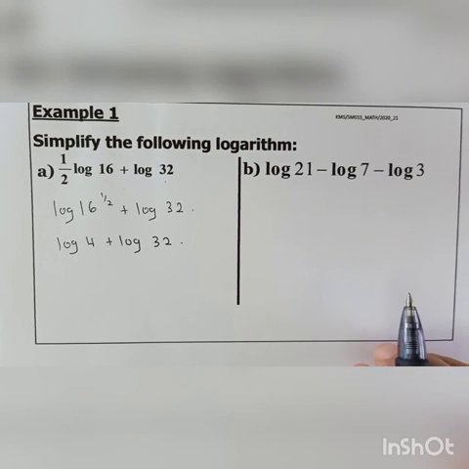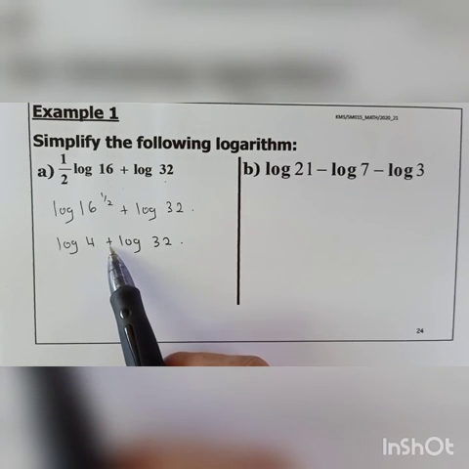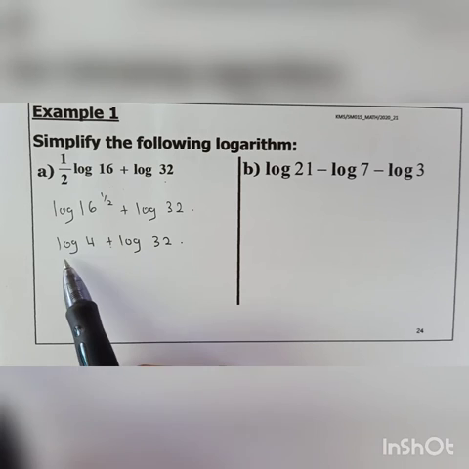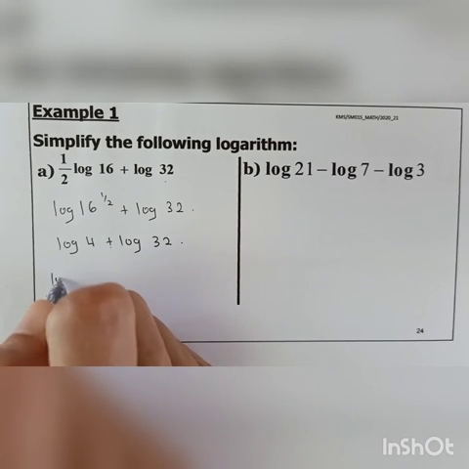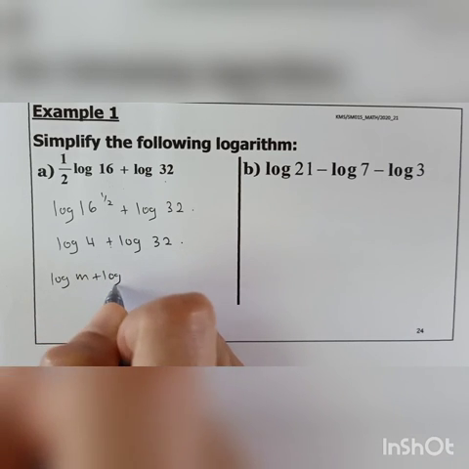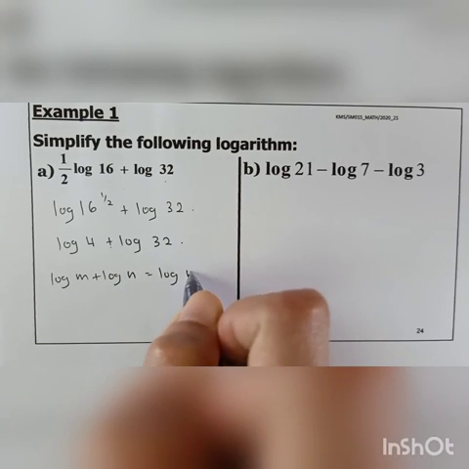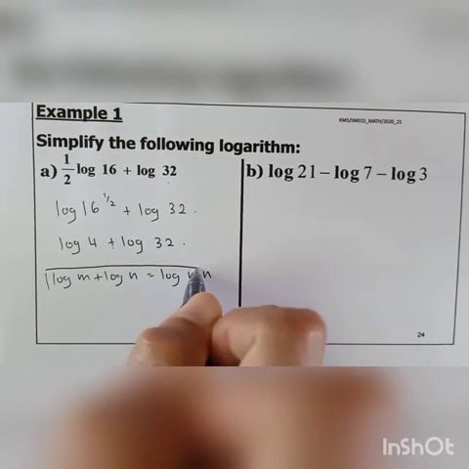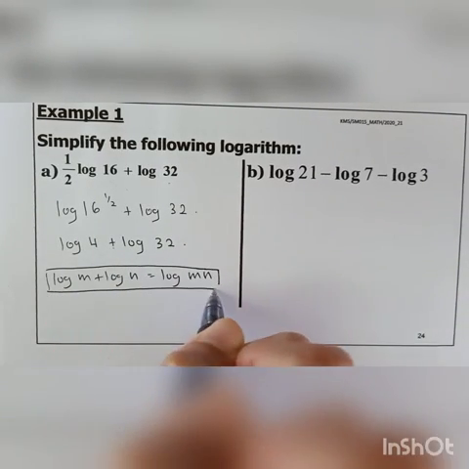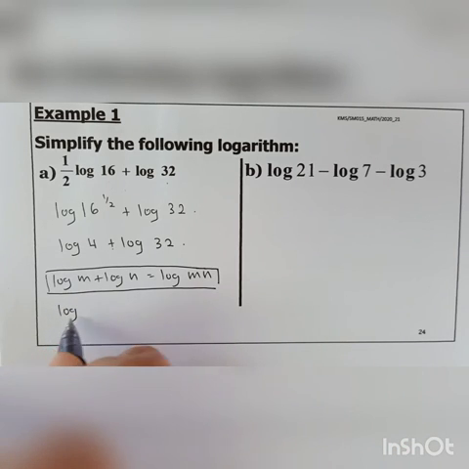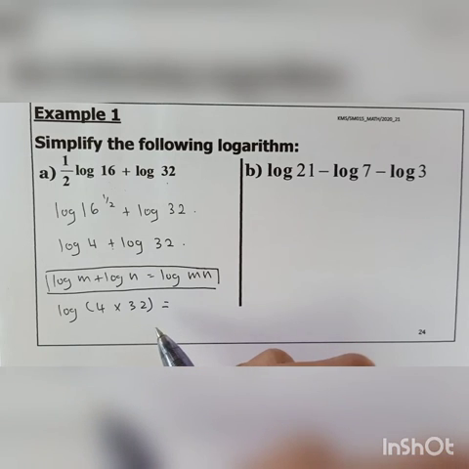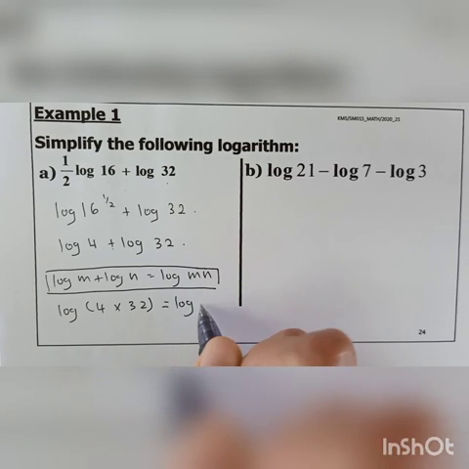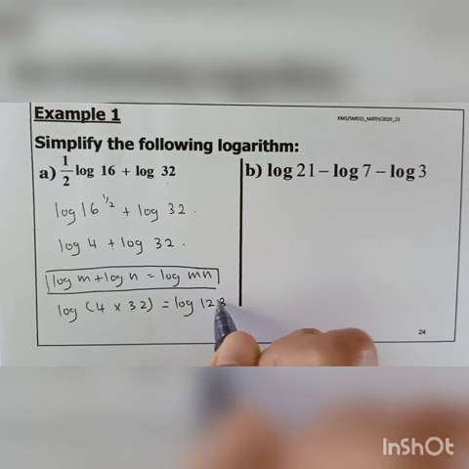Now we can apply law of log number 1 because of the plus here. So log 4 plus log 32 equals log m plus log n equals log m times n, because they have the same bases. So log 4 times 32, and 4 times 32 equals 128.